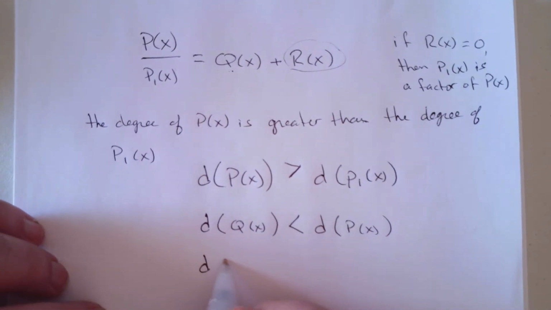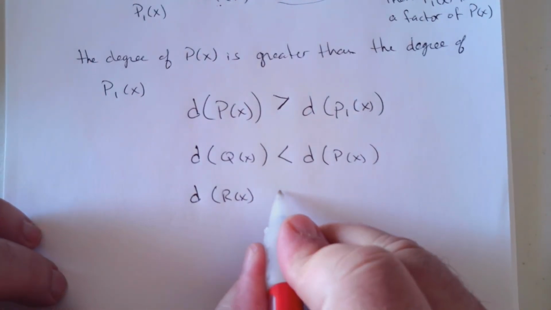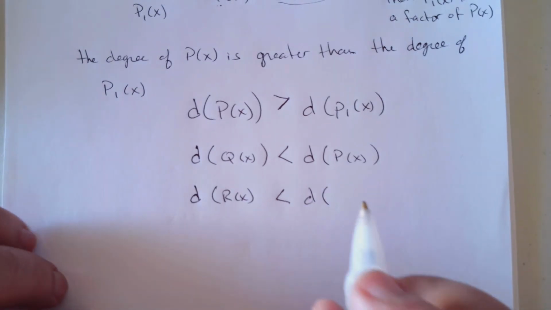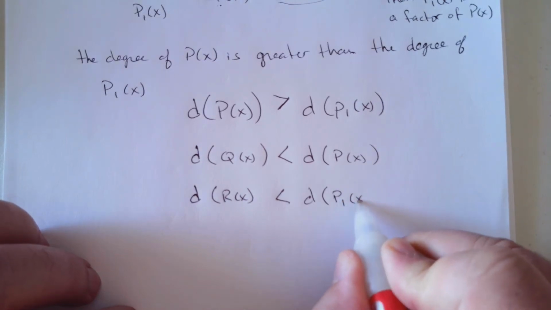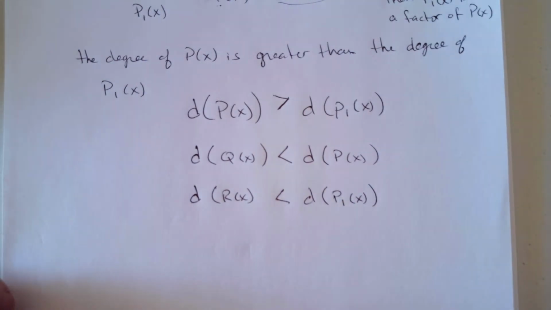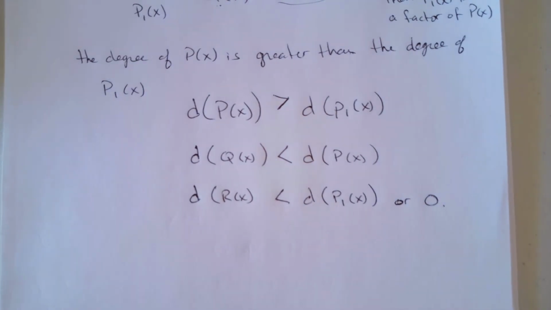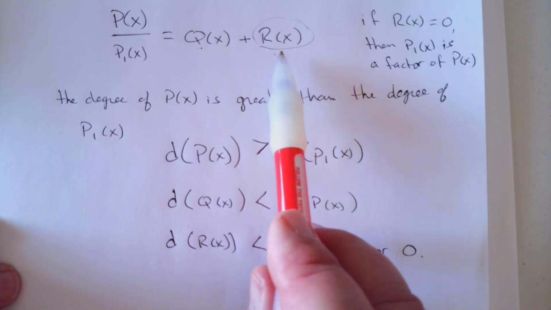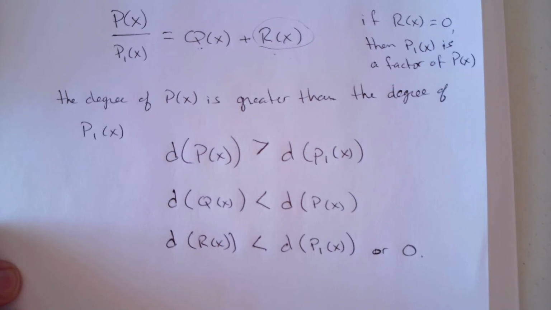And the degree of the remainder is also less than the degree of the bottom, or it's 0. So the degree of the remainder is less than the degree of the denominator, or it's 0.